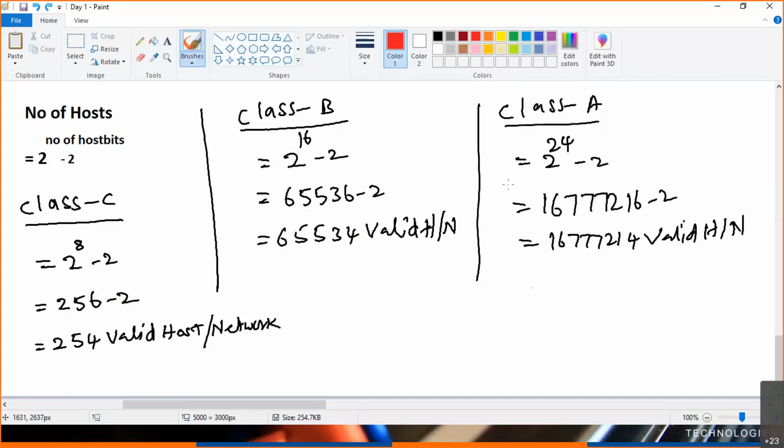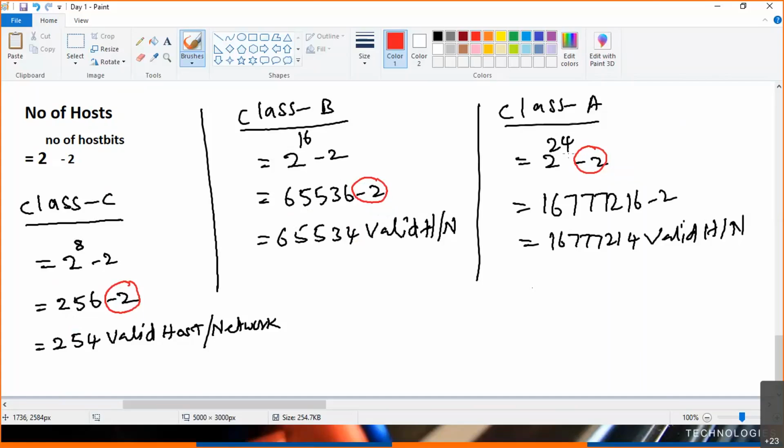Actually, I'm waiting for one question from you, but you're not asking it: why is there no calculation for D and E? There are no networks in D and E, only in A, B and C. Class D is completely for multicasting purposes.